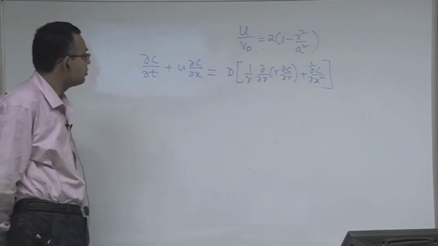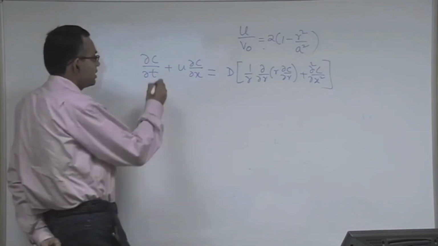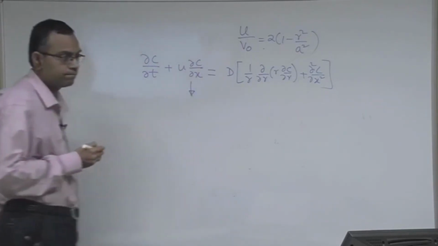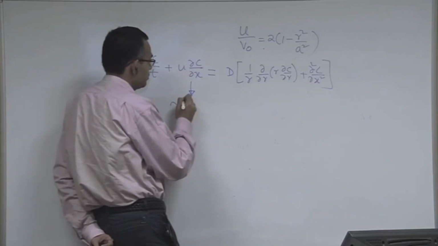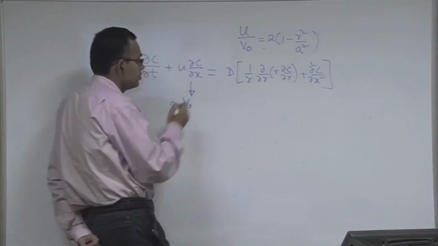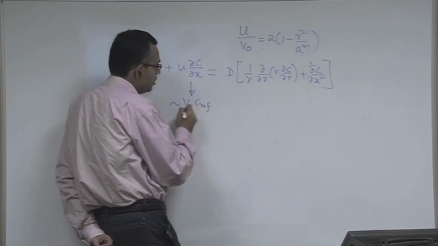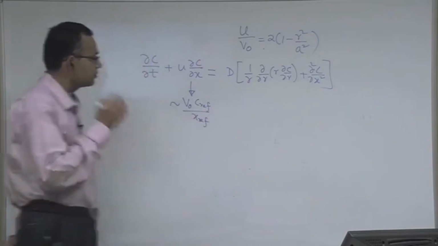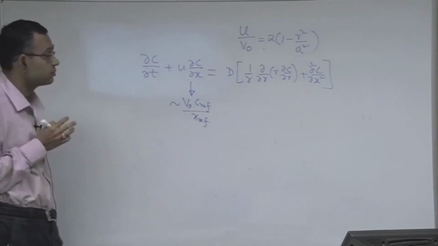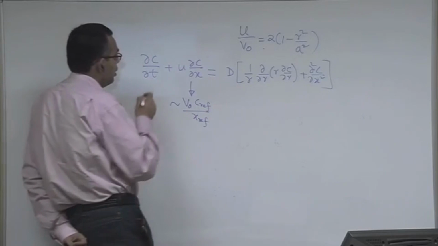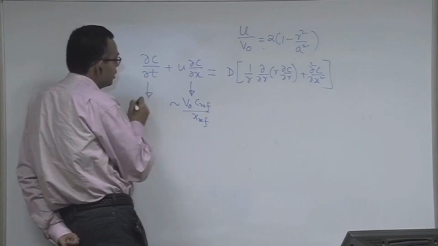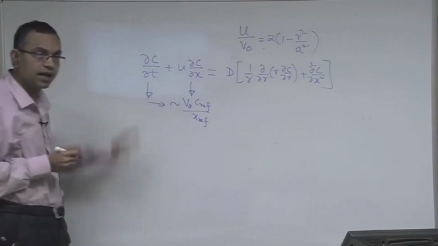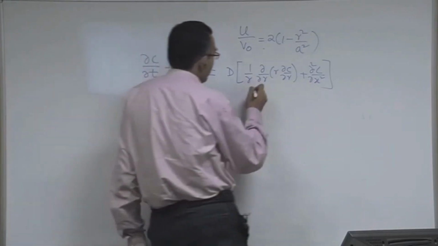Now let us find an order of magnitude of this. So what is the order of magnitude of this? V0 C reference by x reference. This also, if you use the advection time scale, will come out to be the same. What is this?